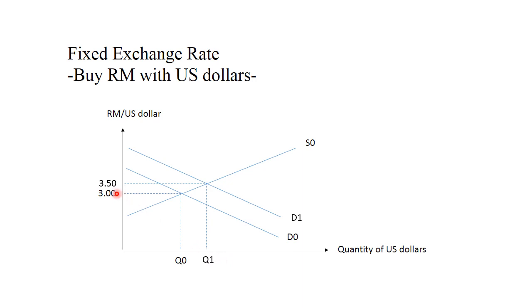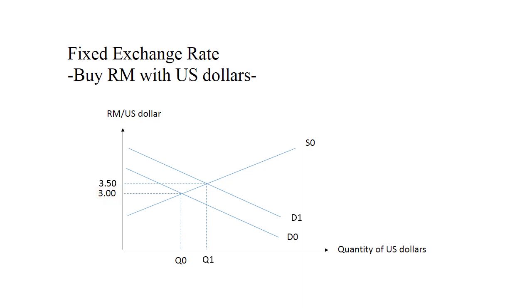So the ringgit Malaysia depreciates, and the US dollar appreciates from 3 ringgit to 3 ringgit and 50 cents. Why did I say that the US dollar appreciates? Because before this, with 1 US dollar, Americans could get 3 ringgit.